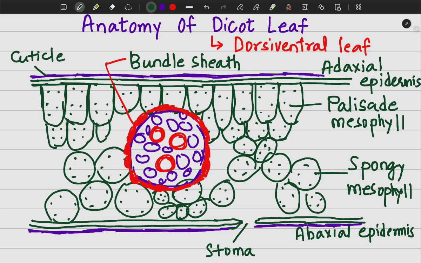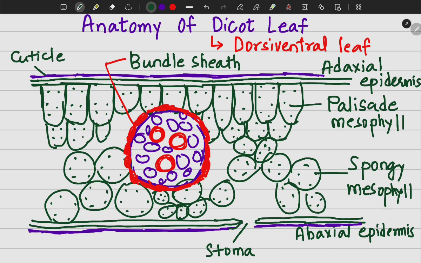So stomata is from where the gaseous exchange takes place in the leaves, right? This stoma is internally connected to these air spaces between the spongy mesophyll, these air cavities. Hence the gaseous exchange takes place between these air cavities inside the leaf and the outer atmosphere.